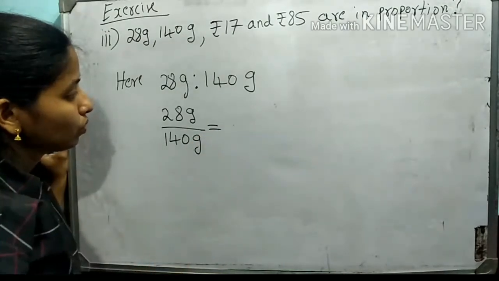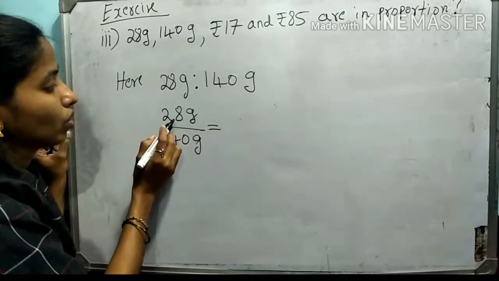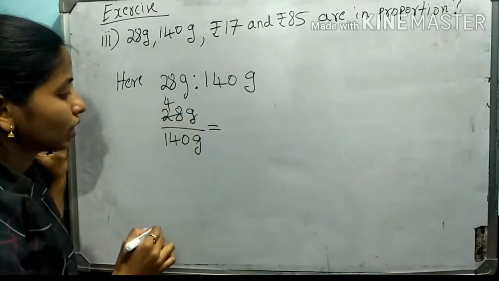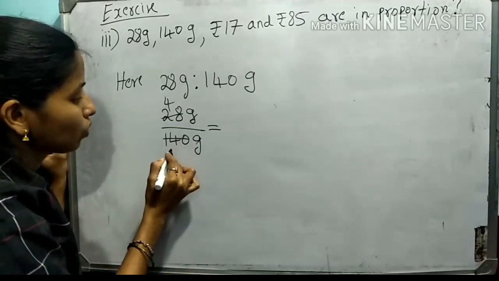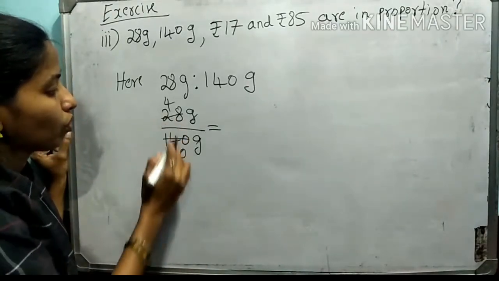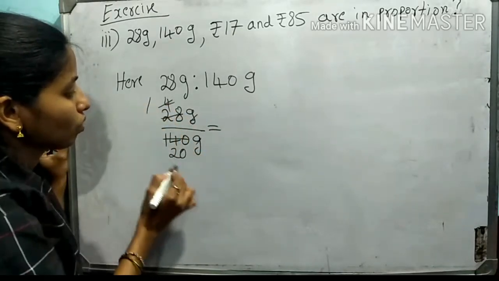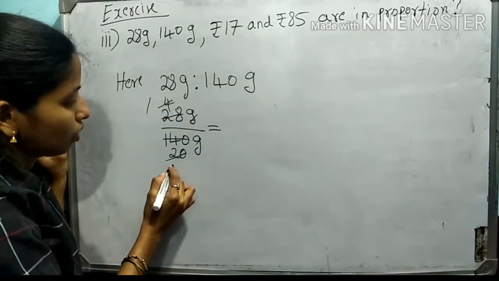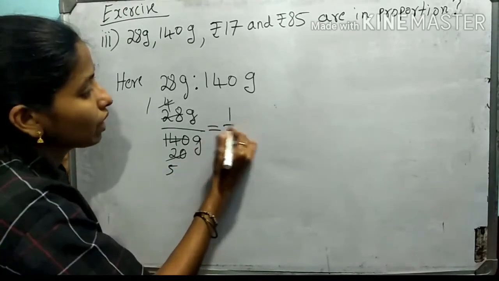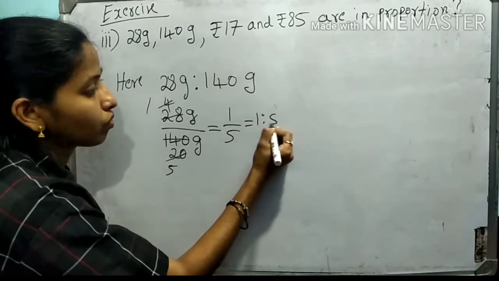Here gram gets cancelled. 7 fours are 28, 7 twos are 14, 0 as it is, so 4 by 20. 4 ones are 4, 4 fives are 20. So 1 by 5. It is equal to 1:5.